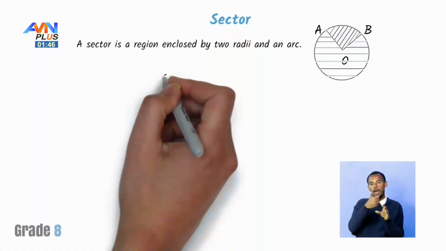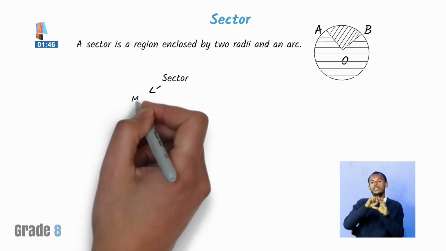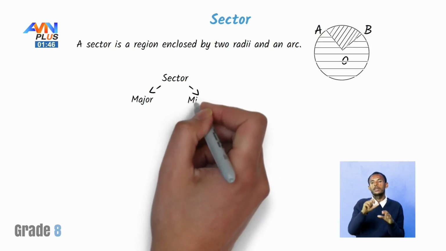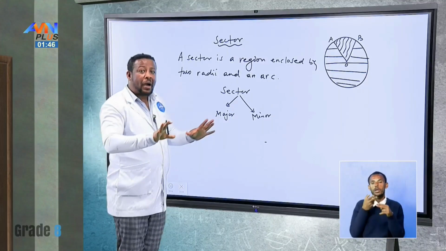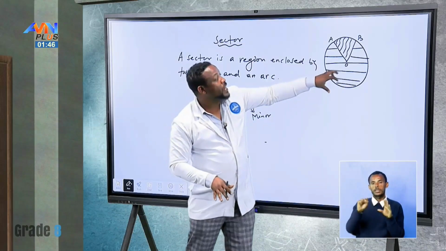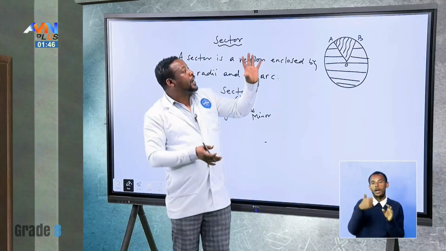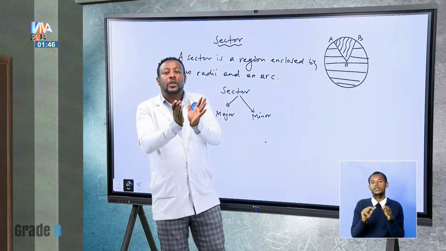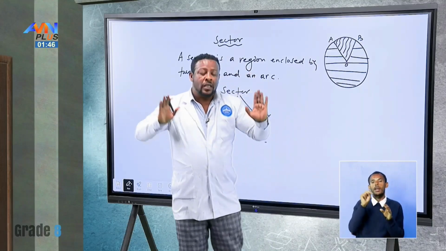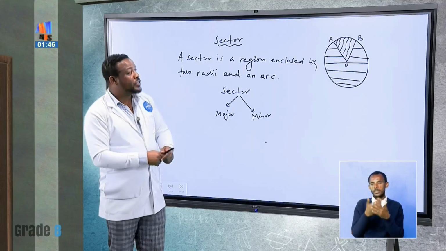So now, based on this situation, we classify sector as major sector and minor sector. Okay, so the major sector is the big portion of a circle enclosed by two radii and an arc, and a minor sector is a smaller region enclosed by two radii and an arc. Okay, so this is another terminology that you need to know in the discussion of a circle.